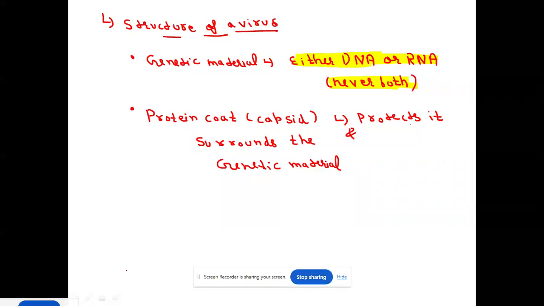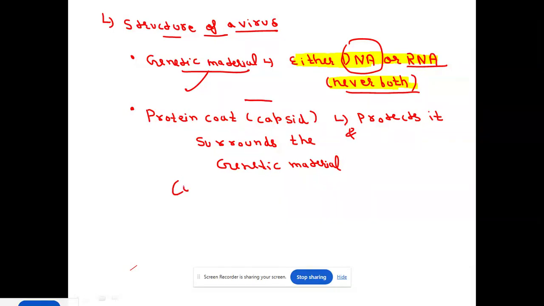So structure of a virus. Here this should be clear that a virus consists of the genetic material, and that genetic material can be RNA or DNA, but never both. Next is the protein coat. So protein coat is called what? That is called the capsid. Okay, so protein coat in case of the virus is the capsid.